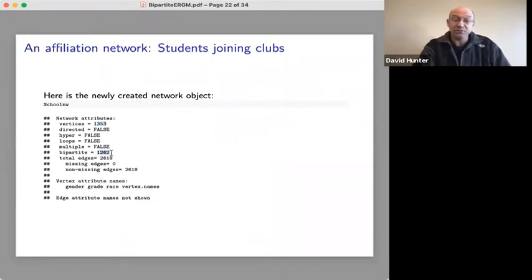And it has a value bipartite of 1262. So that tells you that there are 2 modes in this network, 1,262 of the first type, and the remaining, in this case, 1,363 minus 1262 will be the second mode. We also see the vertex attributes that we have recorded on this network data set.